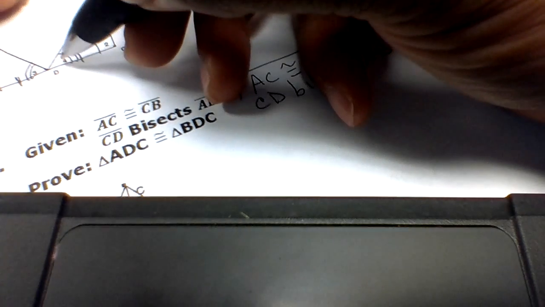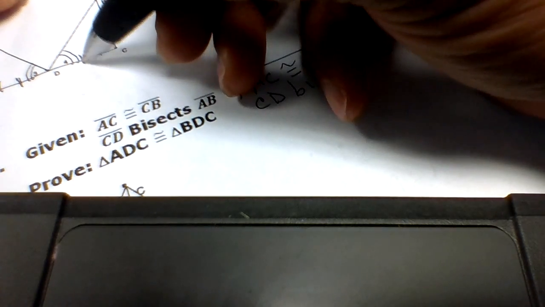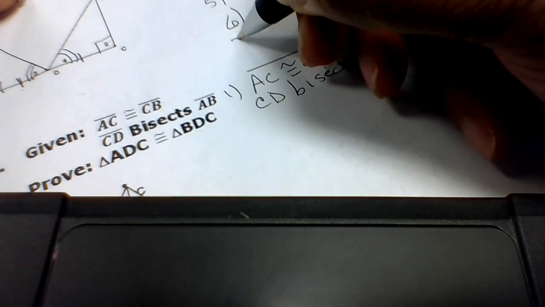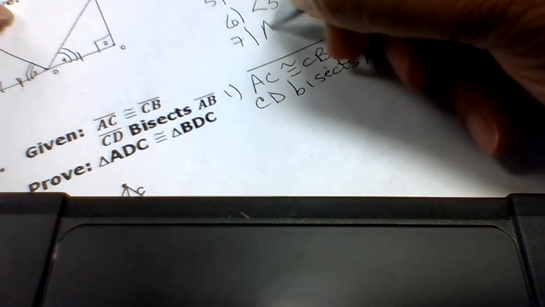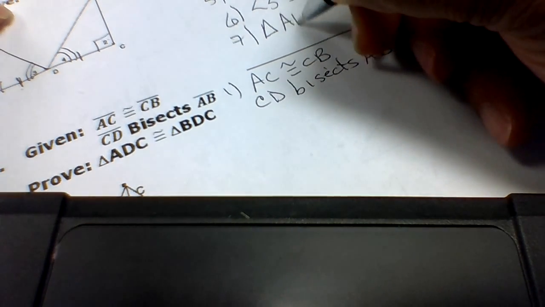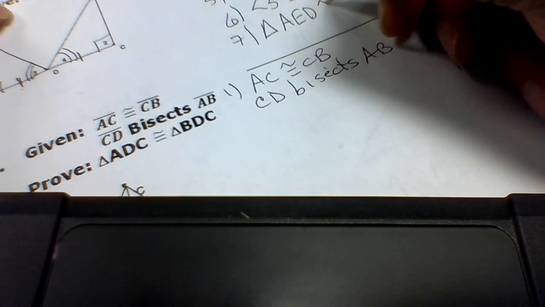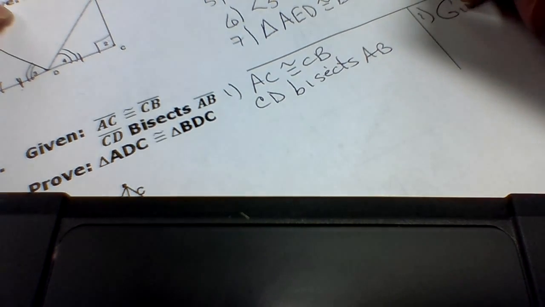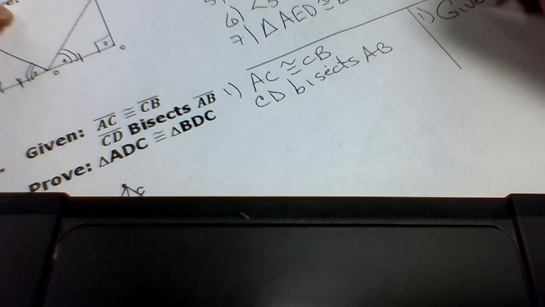So if you take a look at your picture, you have an angle, a side, and an angle. And you have an angle, side, and angle. So 7, I can say the triangles are congruent now because of that. So AED is going to be congruent to triangle BCD because of angle, side, angle.